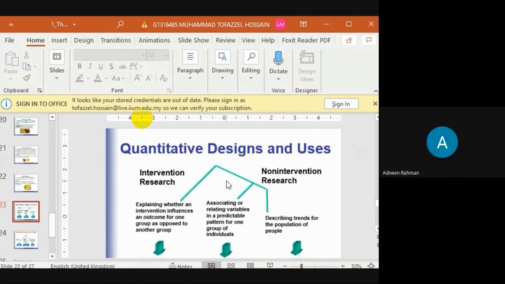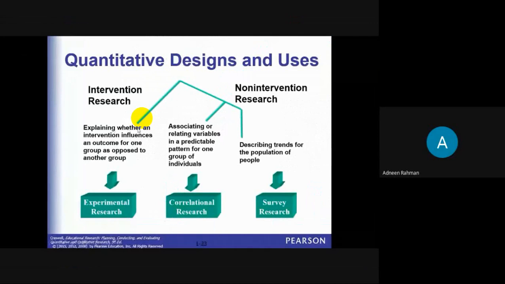Sir, this is a diagram maybe. Shall I read out? Yes. You see quantitative designs and uses: intervention research and non-intervention research. They are explaining whether an intervention influences an outcome for one group as opposed to another group.